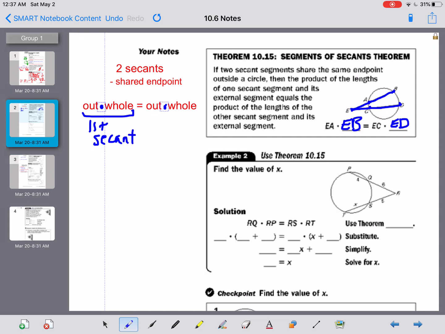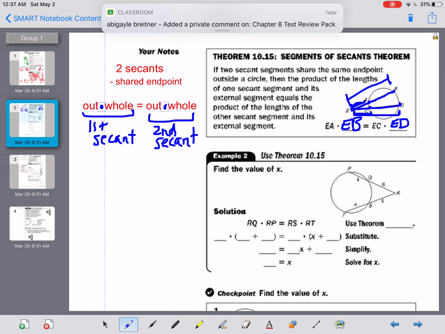And that's going to equal the out times whole of the second secant. So if I come back here, EA is my out, and EB is the whole thing. Not the inside part, it's the whole thing. EC is the out part here, and ED is the whole thing. So that's what you need to make sure that you're checking for: use the whole thing.